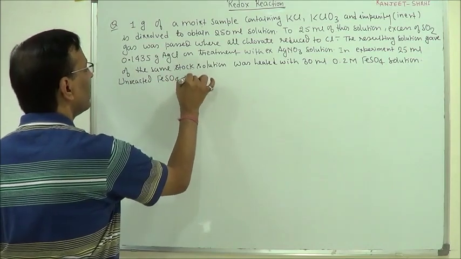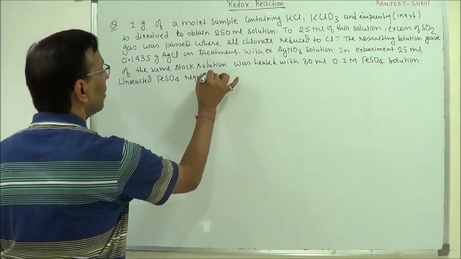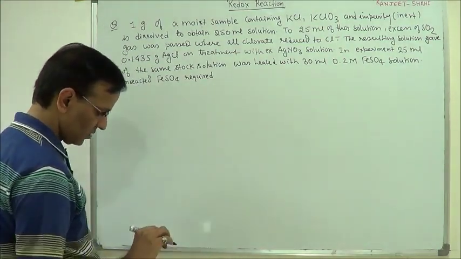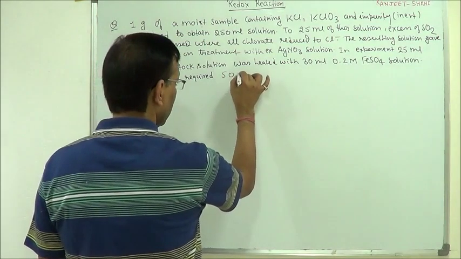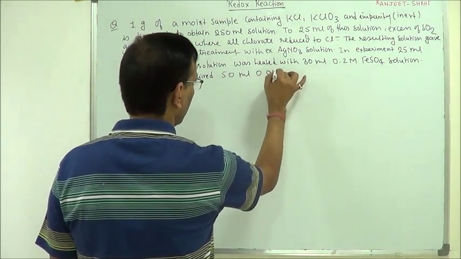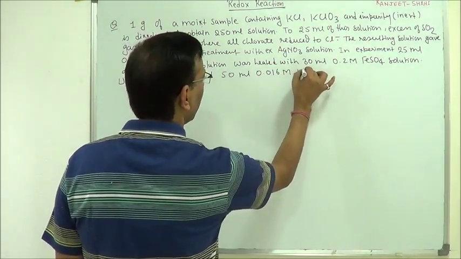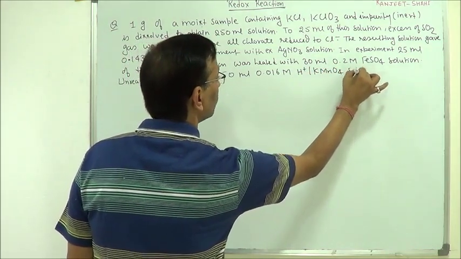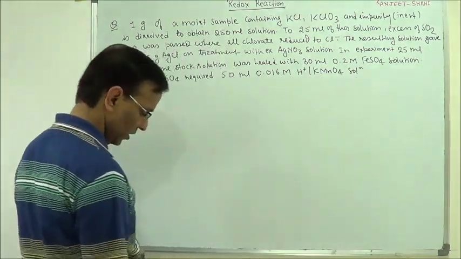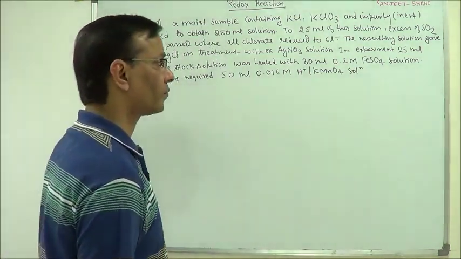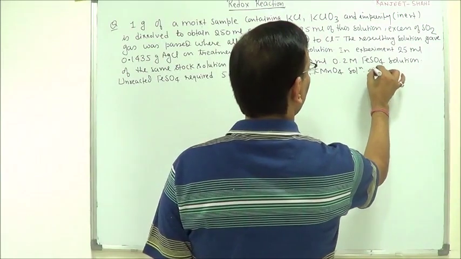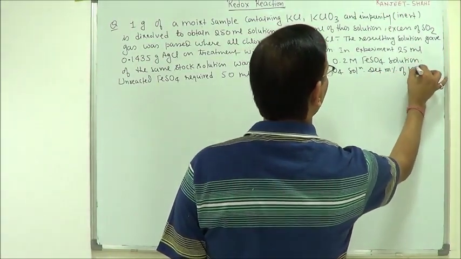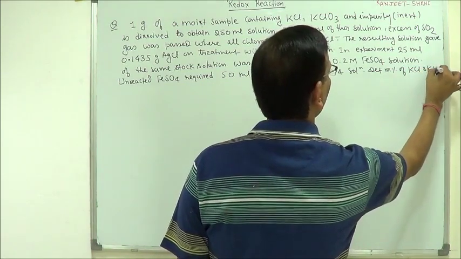Unreacted ferrous sulfate required 50 ml 0.016 molar acidic KMnO4 solution. Determine mass percentage of KCl and KClO3.